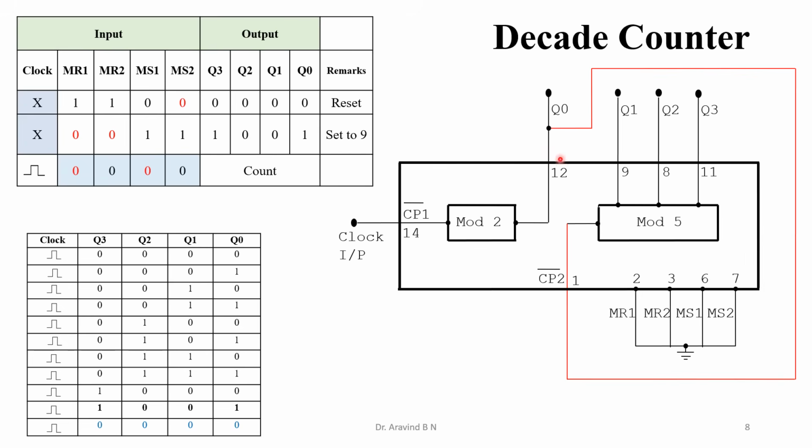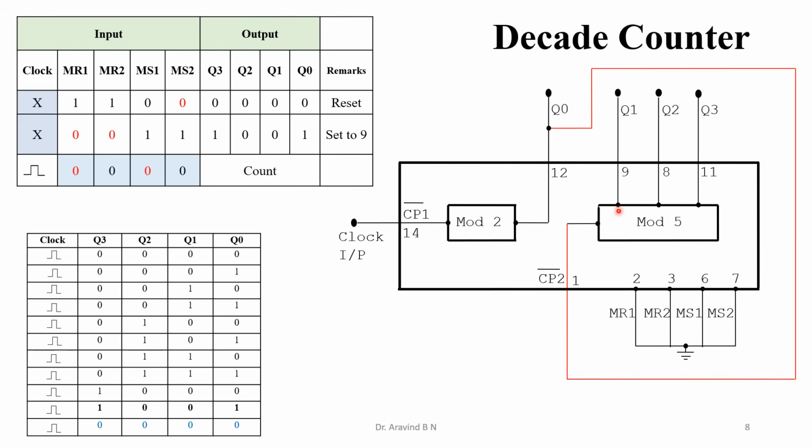The output of the first counter will always be the clock input to the second counter, because a regular clock pulse is applied to the first counter, and the output of the first counter is nothing but Q0. If you observe Q0, it is 010101, so it is nothing but a clock pulse. Therefore this can be applied as a clock pulse.